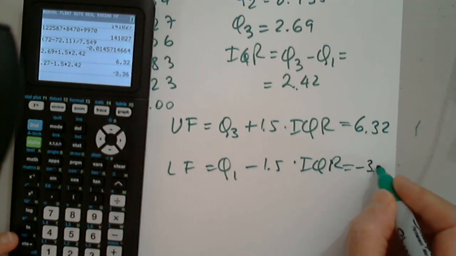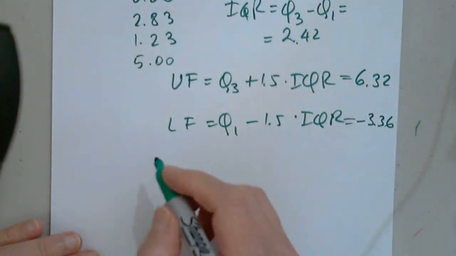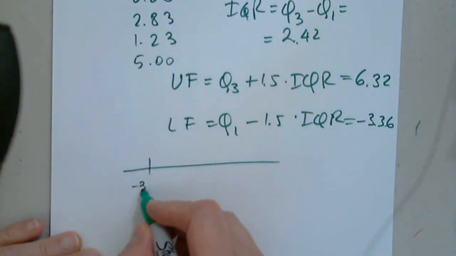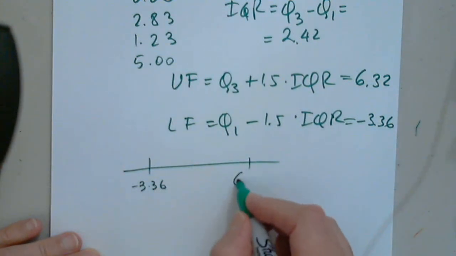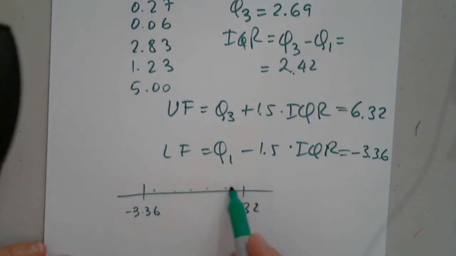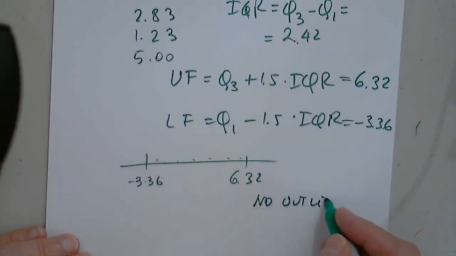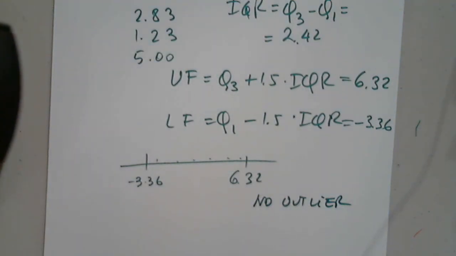So this is negative 3.36. So the lower fence is at negative 3.36. The upper fence is at 6.32. All these numbers fit in here. There is no outlier. Other questions here?